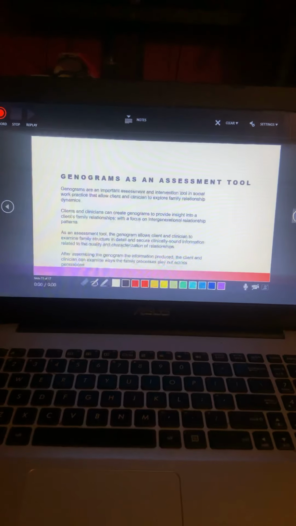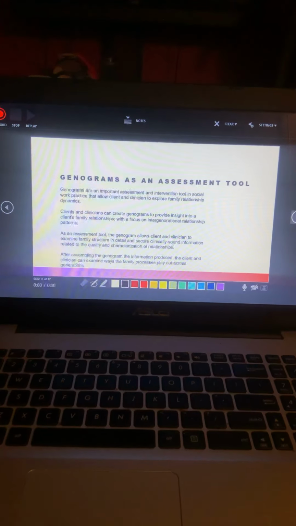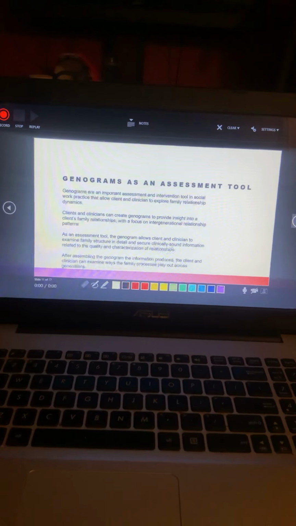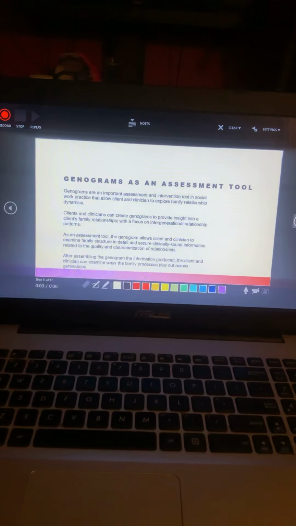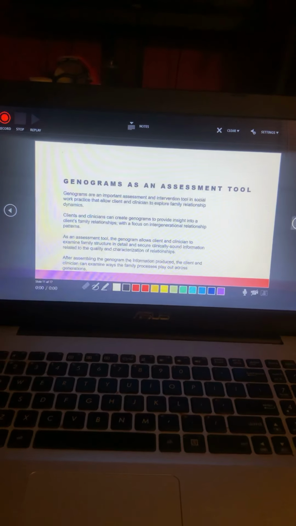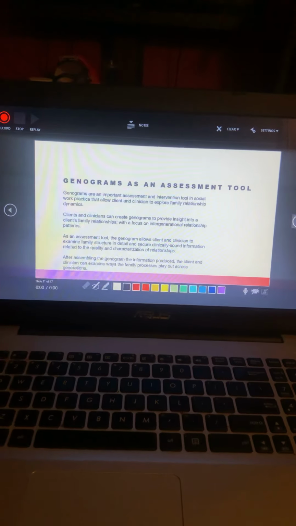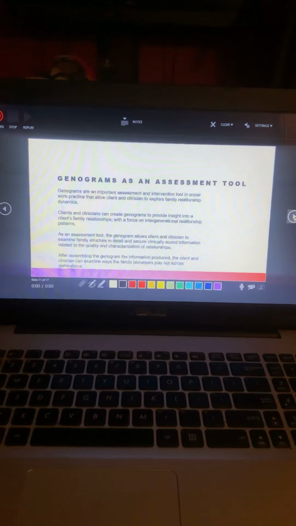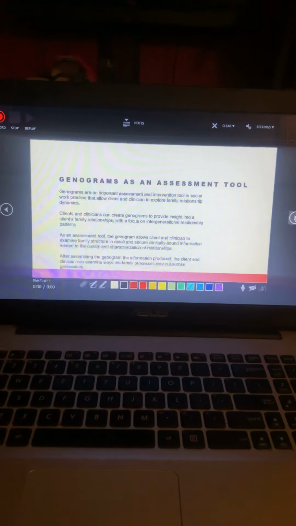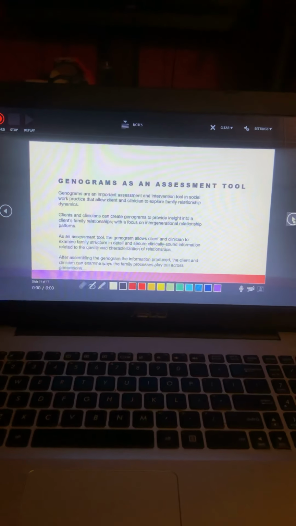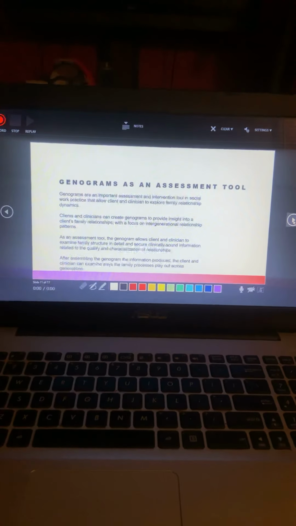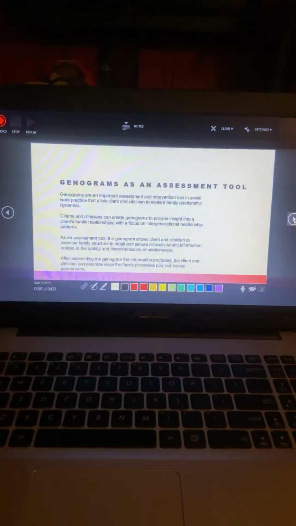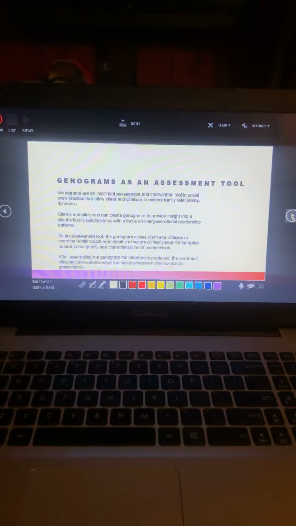So after assembling the genogram, the client and the clinician can examine ways the family processes play out across generations. Once you assemble this genogram, you can see the dynamics and how it's playing out in that child's particular situation. We can even talk about domestic violence.